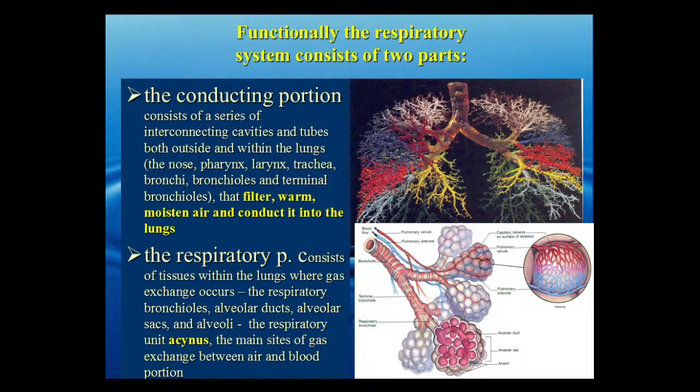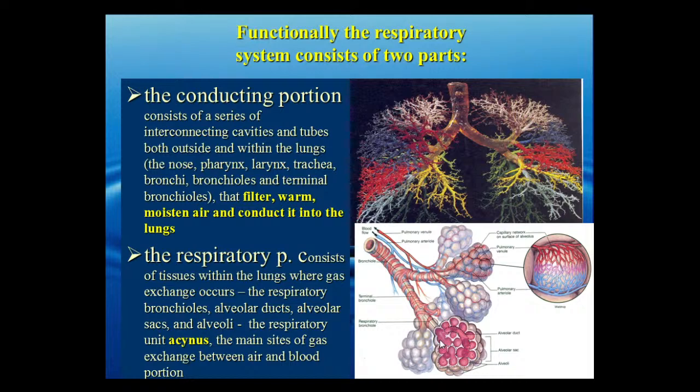The other portion of the respiratory system is the respiratory portion, which consists of tissues within the lungs where gas exchange occurs. You can see here respiratory bronchioles, alveolar duct, alveolar sacs, and separate alveoli in such sacs.